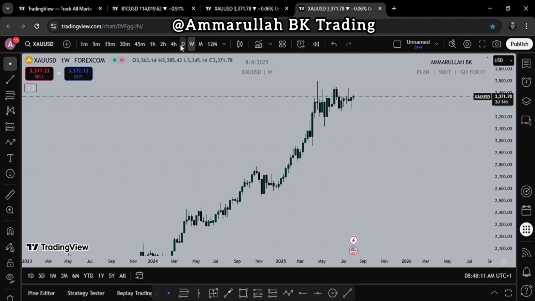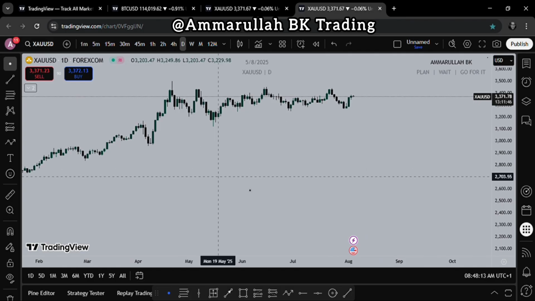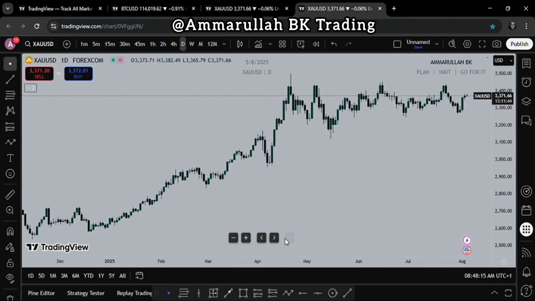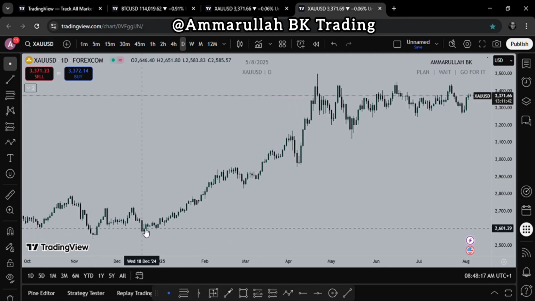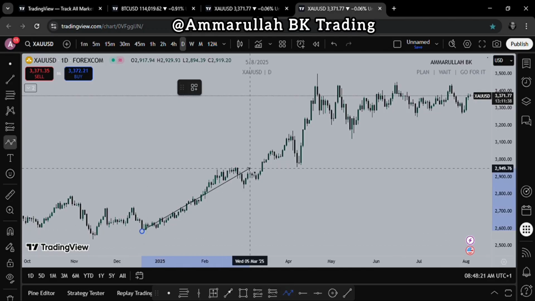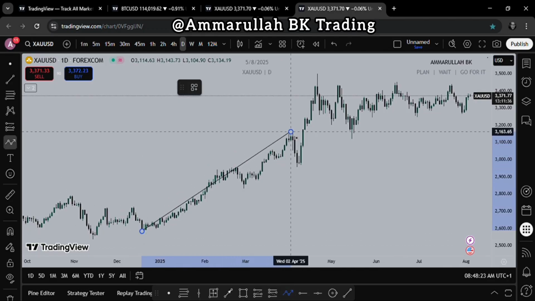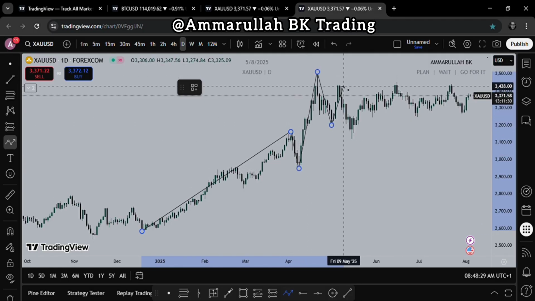Then we come down to daily time frame to confirm what daily is speaking to us too. So daily time frame too, from this low to where the market is right now, is continuing in the direction of monthly and weekly, which is uptrend.